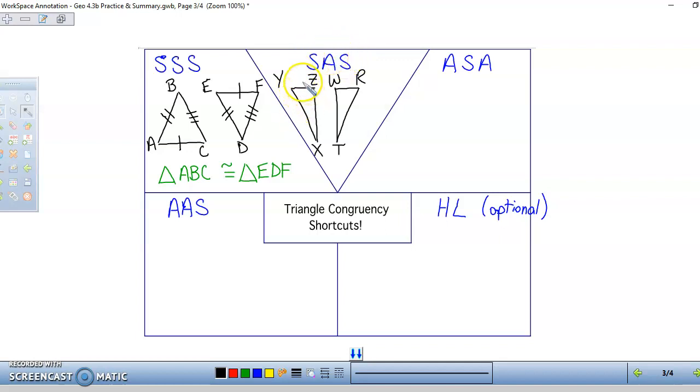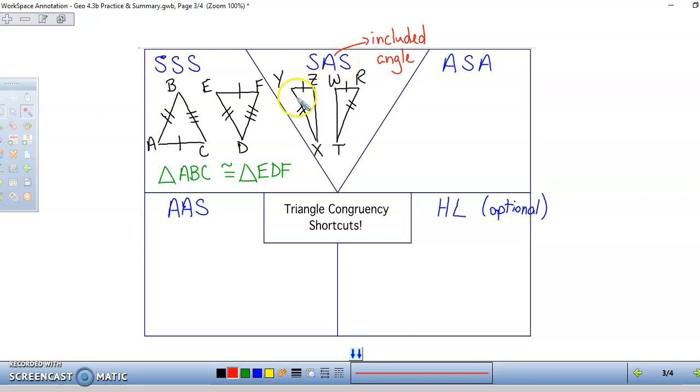So let's start there. So this side is congruent to that side, and then let's say this side is congruent to that side. And the important part here is that this is called an included angle.